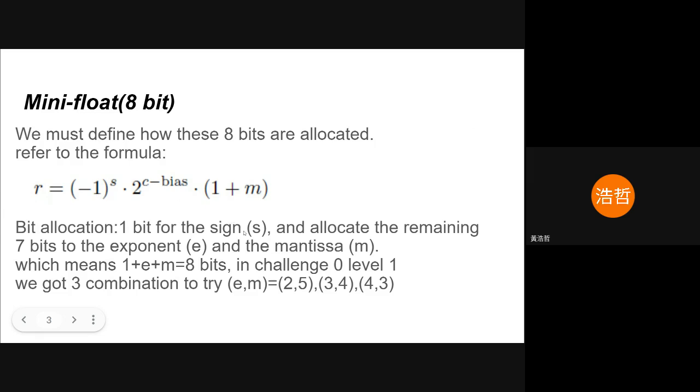If s is equal to 1, the number represented is negative, and the rest of 7 bits is allocated for exponent and mantissa. And in the challenge 0, we need to do 3 combinations: 2-5, 3-4, and 4-3.